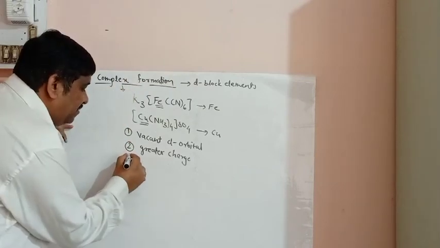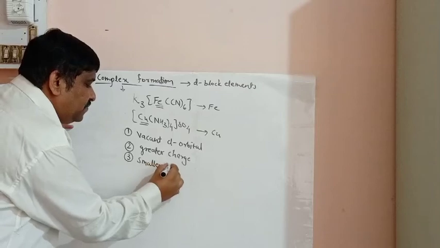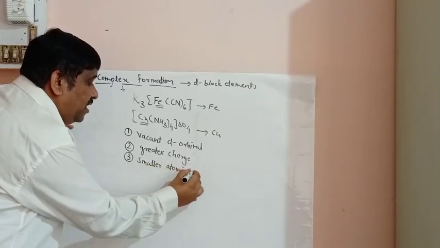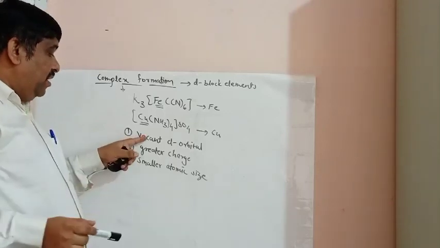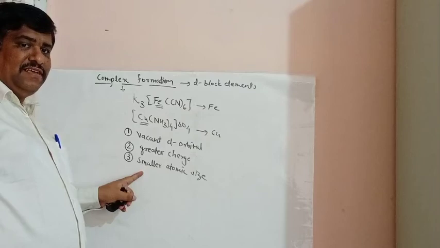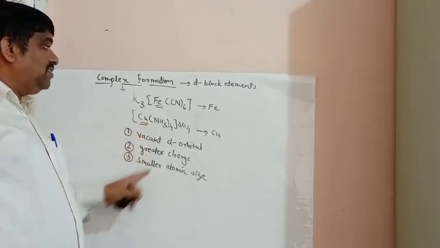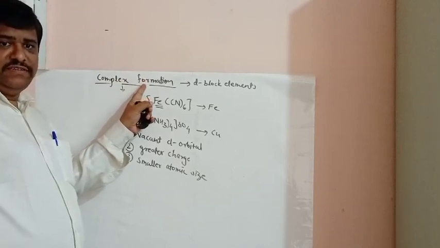And at the same time, they have smaller atomic size. So: vacant d orbital, greater charge and smaller atomic size. Because of these three reasons, the d block elements give complex formation.